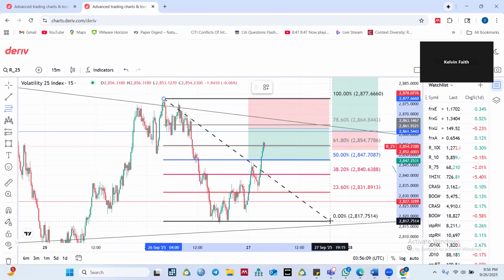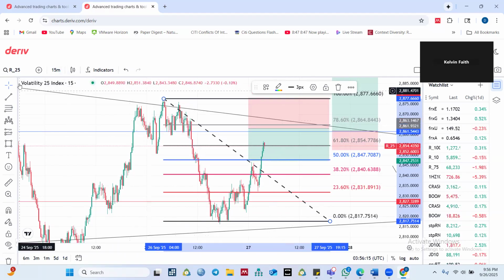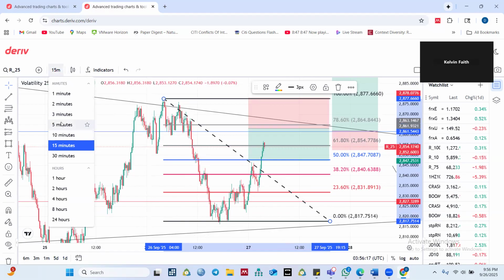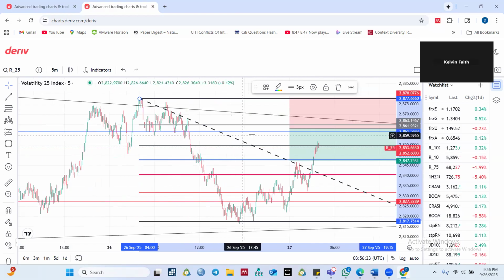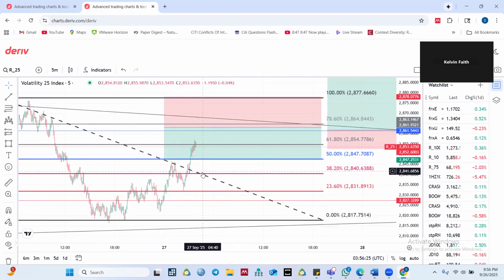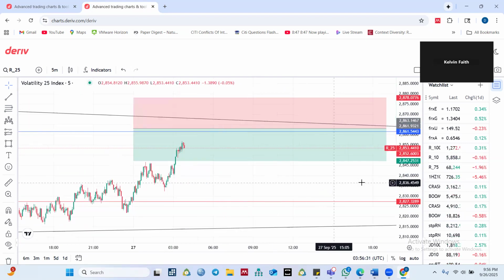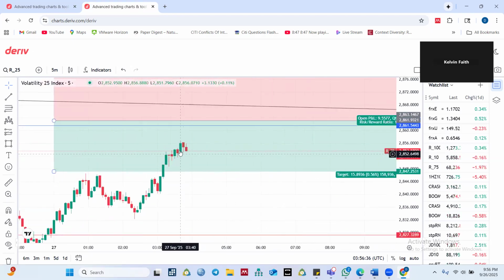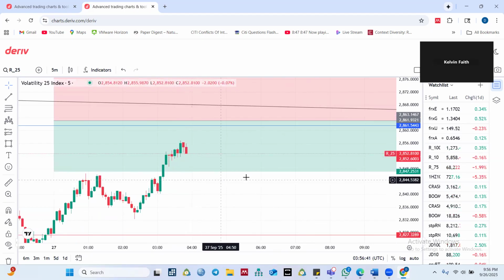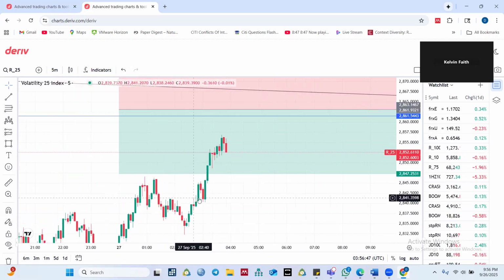We now have 61.8%, which is a good place to get a sell. Let me see what is happening on 5 minutes. 5 minutes looks pretty good, but we don't have a break of structure on 5 minutes yet.